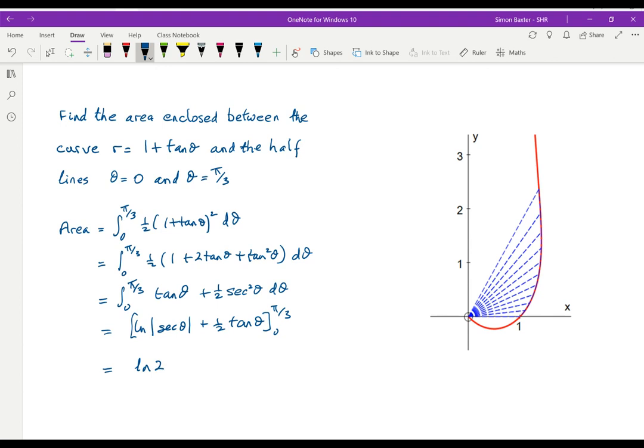And tan pi by 3, picturing the triangle, is root 3. So that gives me plus root 3 over 2. Sec 0 is 1 over cos 0, that's 1. Log 1 is 0. And tan 0 is 0. So the area we're looking for is log 2 plus root 3 over 2.